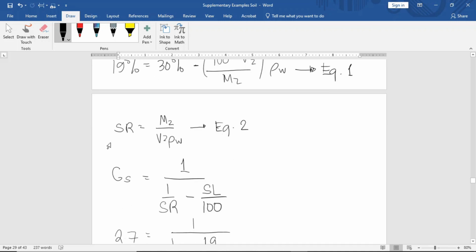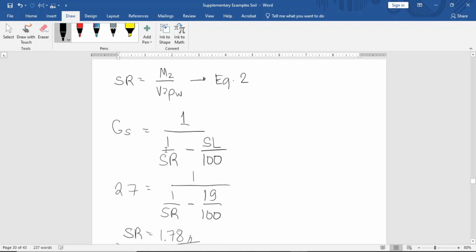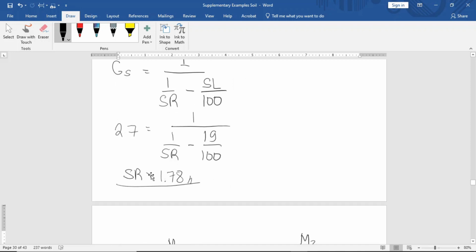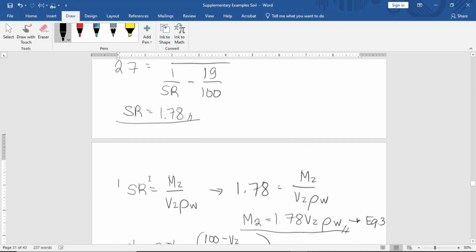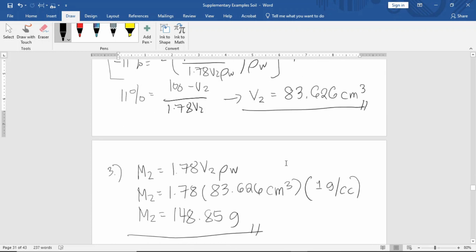So, equation 2 natin is the shrinkage ratio is equal to M2 over V2 times the density of water. So, meron din tayong formula na ito para sa specific gravity ng soil. So, 1 over SR minus SL over 100. So, input na yung given natin, makuha natin SR natin. So, ito na yung final natin sa mga sagot natin.